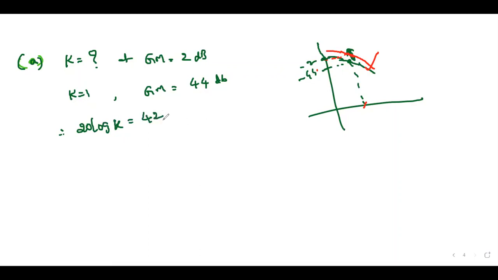This much shift is required. Therefore log K is equal to 42 by 20, that is equal to 2.1. Correct? Yes, sir. Therefore K is equal to 10 power 2.1. How much?